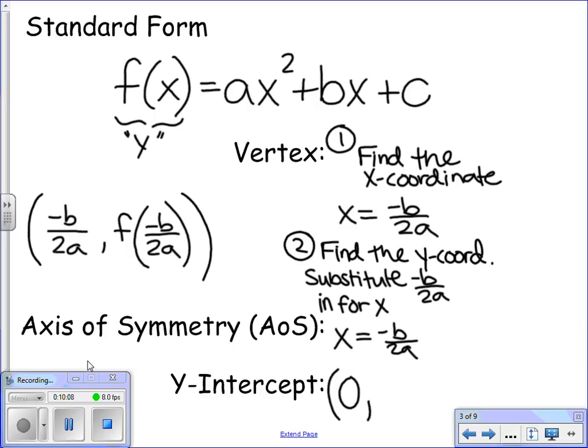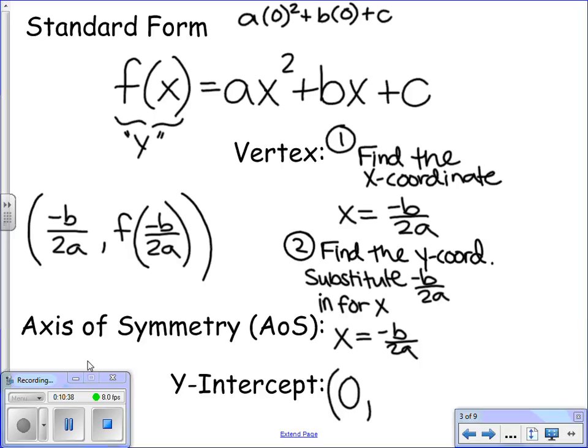Well, think about what would happen if we were to plug 0 into our standard form at the very top. If I did a times 0 squared plus b times 0, and then plus c, these first two terms are going to get multiplied by 0 every single time. No matter what a and b are, they'll always reduce to 0.